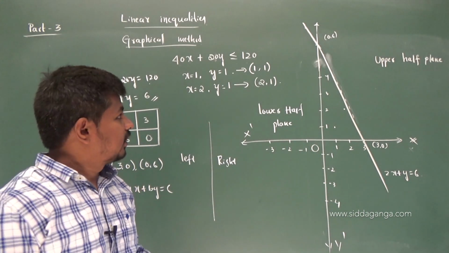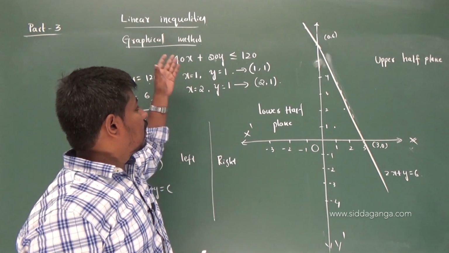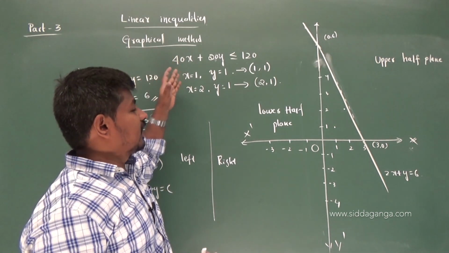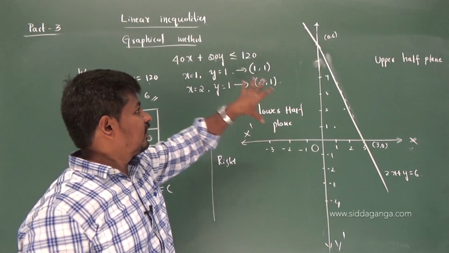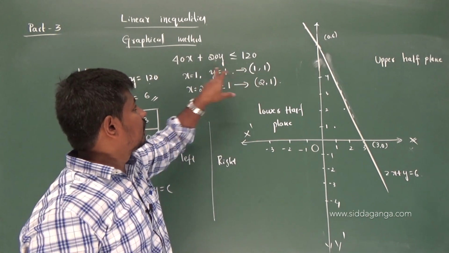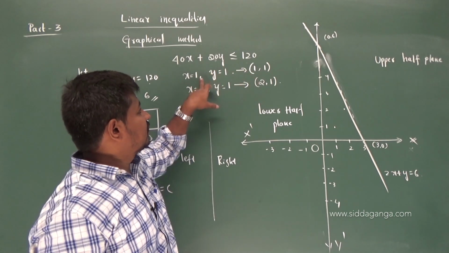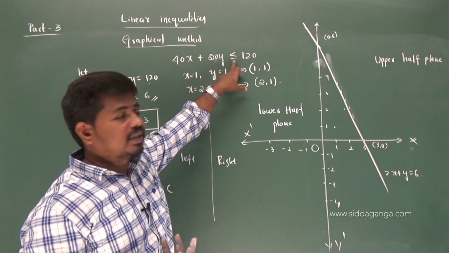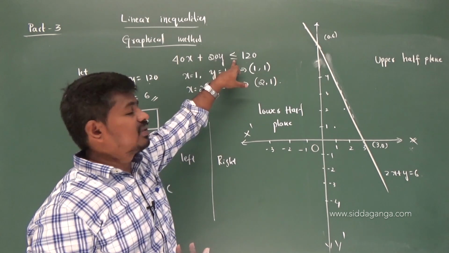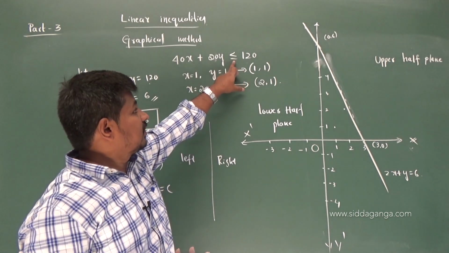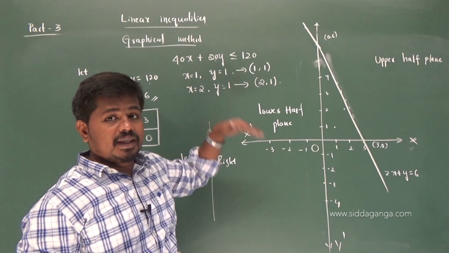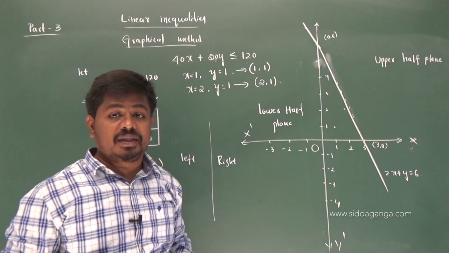Then how to find it? It is not possible to find the solution region by inspection, by checking the values x is equal to 1, y is equal to 1 and so on. When x is 1, y is 1, it becomes less than or equal to 120. When x is 2, y is equal to 1, it becomes less than or equal to 120. In the same way, we may get infinitely many points.